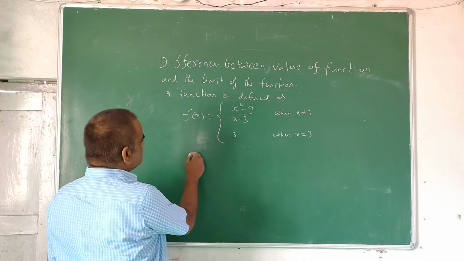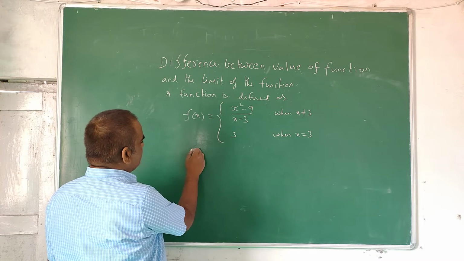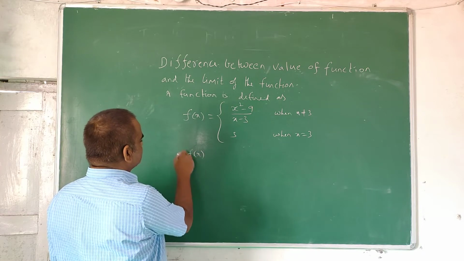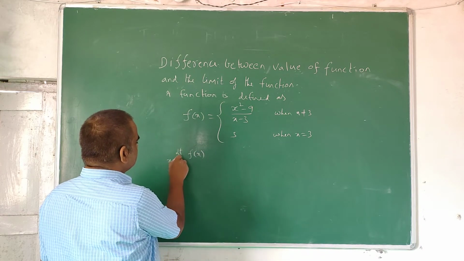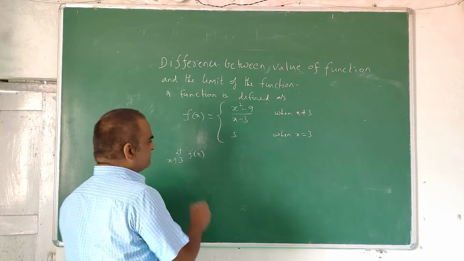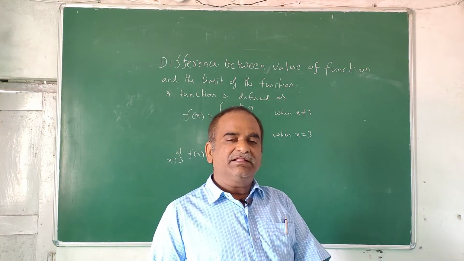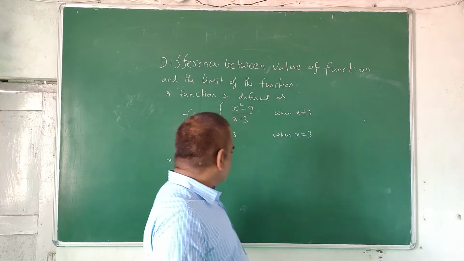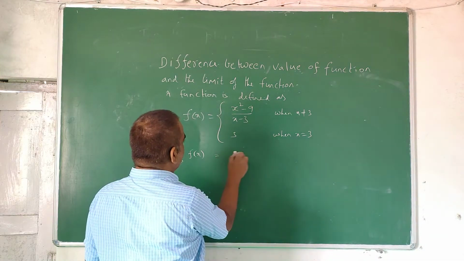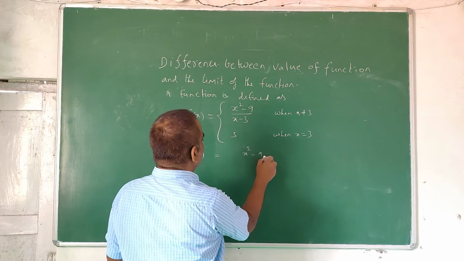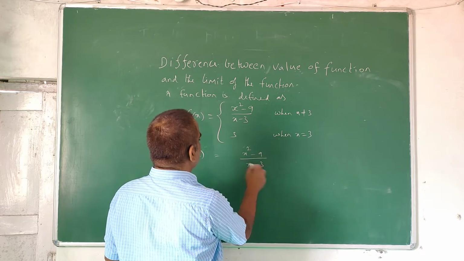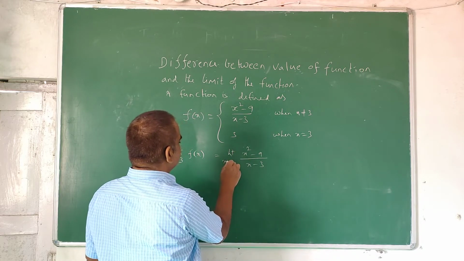See here, let us find the limit of f of x as x tends to 3. x tends to 3 means x is approaching 3 from left or right. Obviously then x is not equal to 3. So when x is not equal to 3, f of x is to be taken as x square minus 9 by x minus 3, limit x tends to 3.